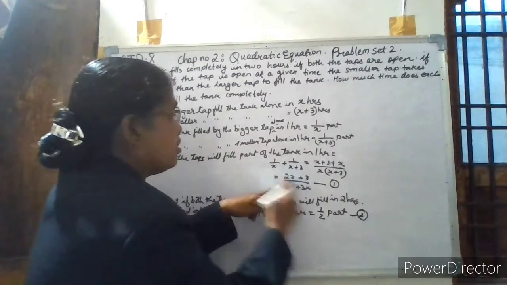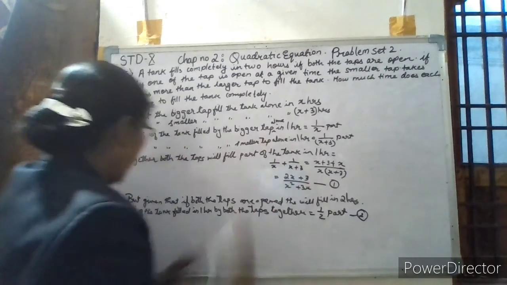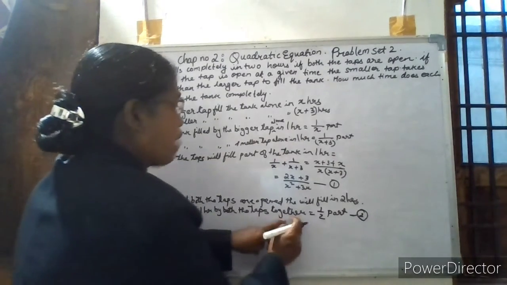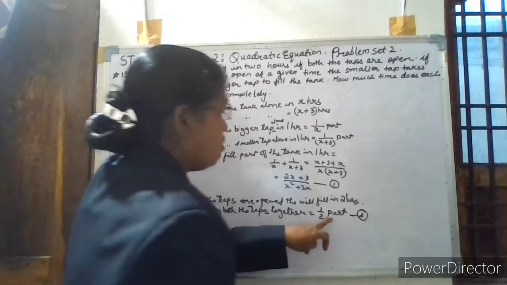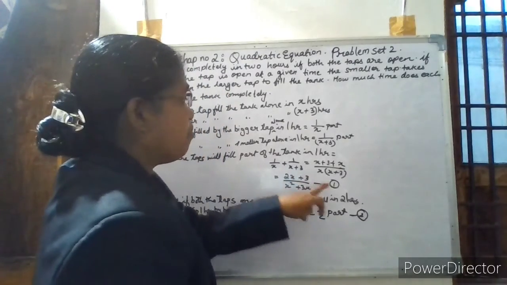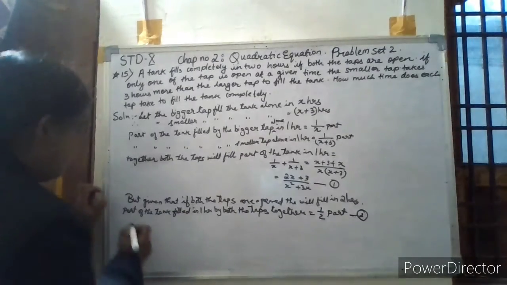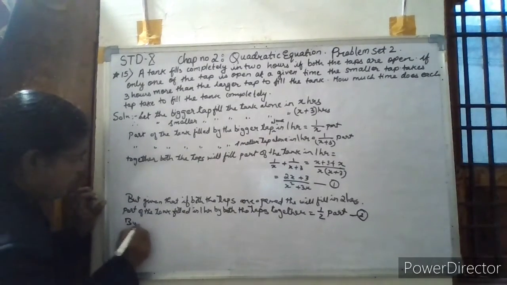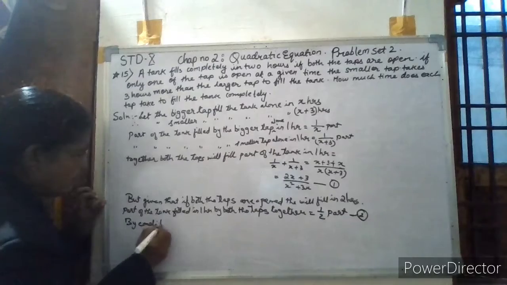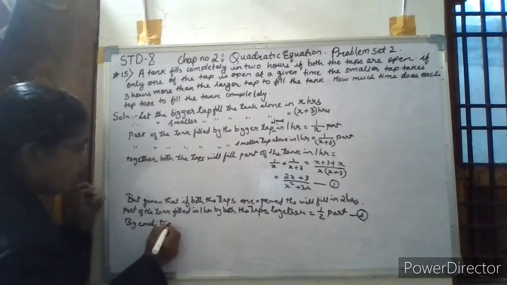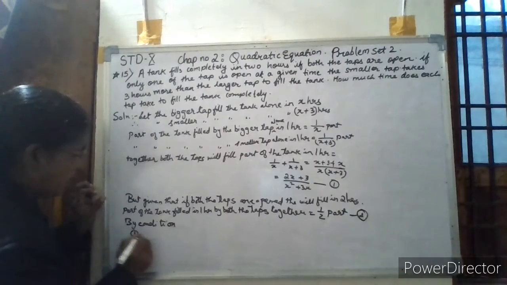The part of the tank filled in 1 hour by both the taps together is 1 by 2. So that means equation 1 and equation 2 are equal. So this is the condition. By condition, equation 1 is equal to equation 2.